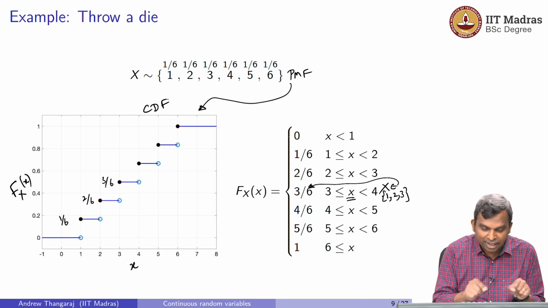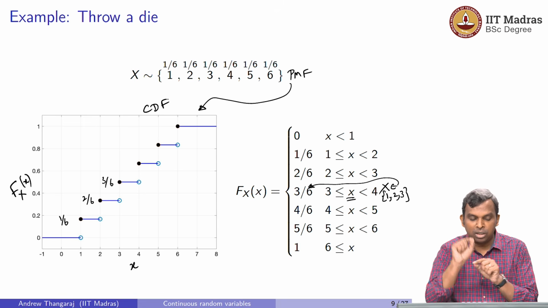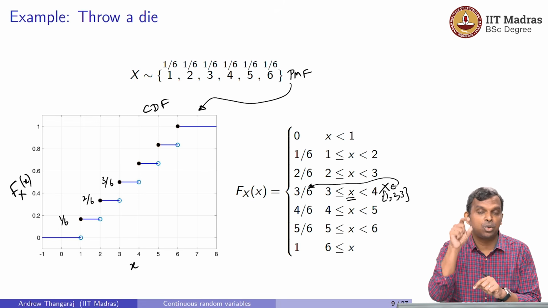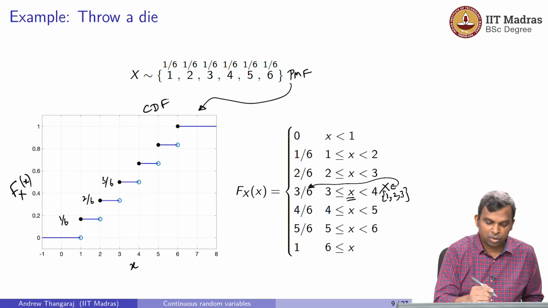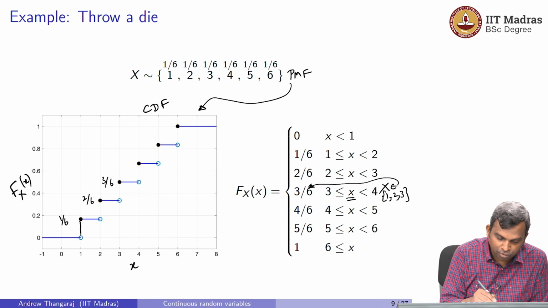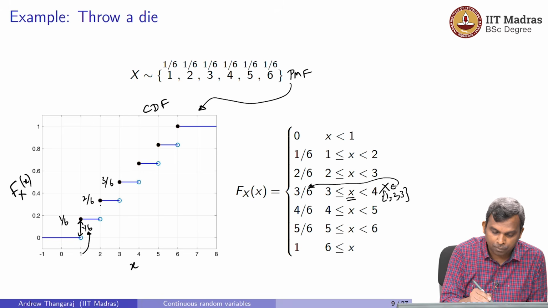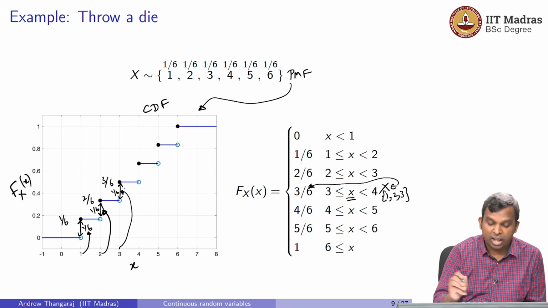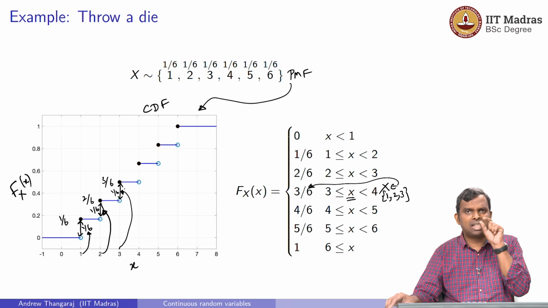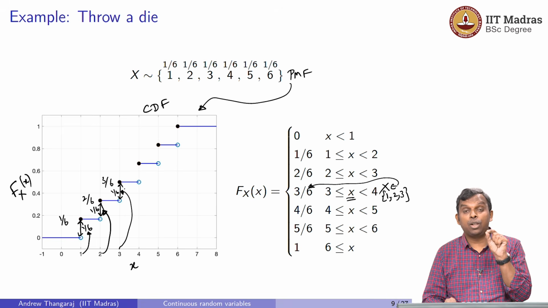You identify where all the jumps happen, where all the steps happen, and how much you jumped by. So the PMF will take value 1 with probability 1 by 6, value 2 with probability 1 by 6, value 3 with probability 1 by 6, and so on. Exactly where the jump occurred, the probability of the random variable taking that value is 1 by 6.